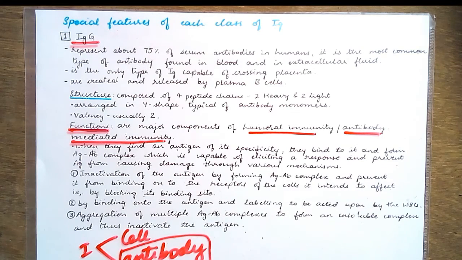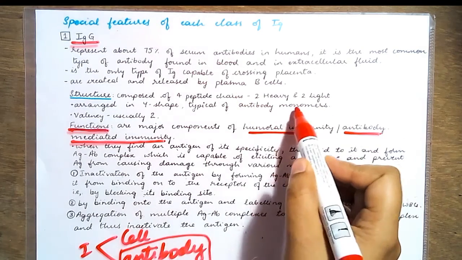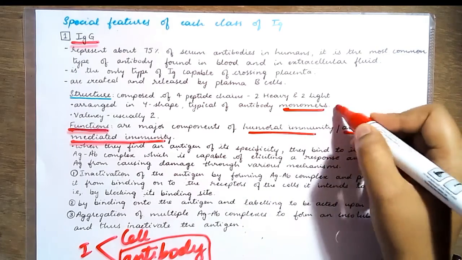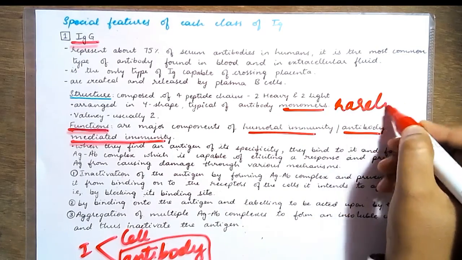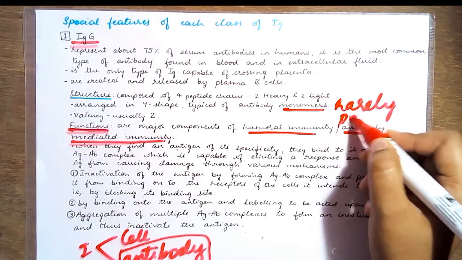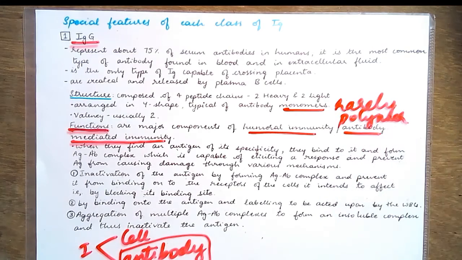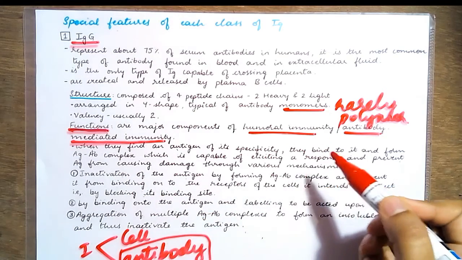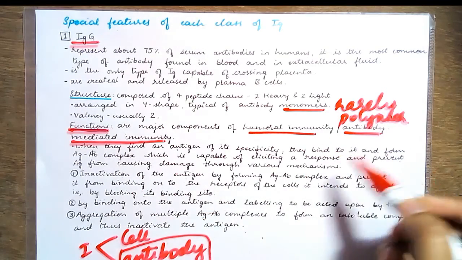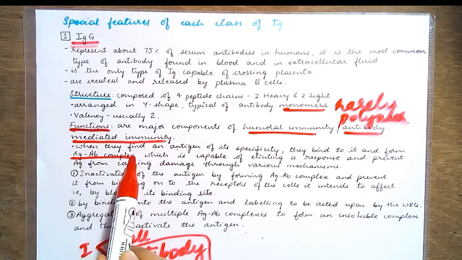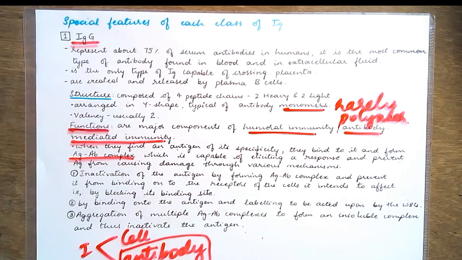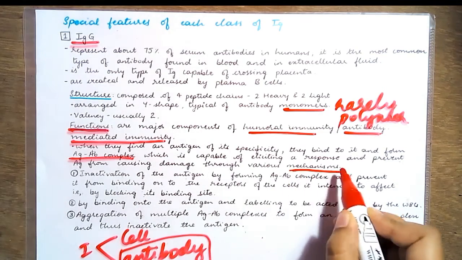And I forgot to tell that IgG not only exists as monomers but could rarely exist as polymers as well, that is, multiple molecules together. Okay, and when they find an antigen of their specificity, they bind to it and form an antigen antibody complex, which is capable of eliciting a response and preventing the antigen from causing damage through various mechanisms.